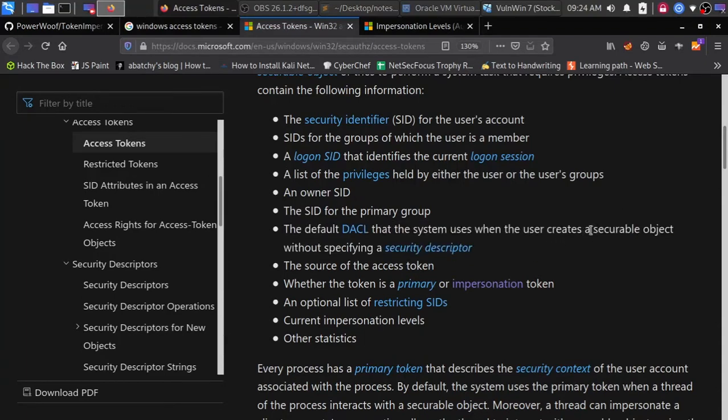Every securable object in Windows has something called a security descriptor. In short, it tells what access rights you have over an object, whether you have read access, write access, modifying access, and so on. We'll go over primary and impersonation tokens, as well as impersonation, in a short while, not now.